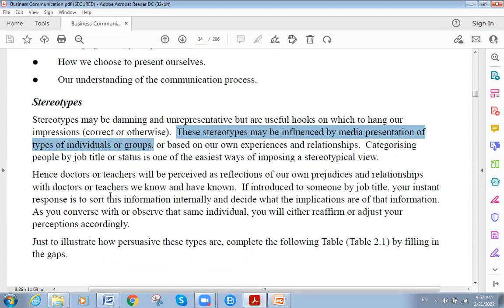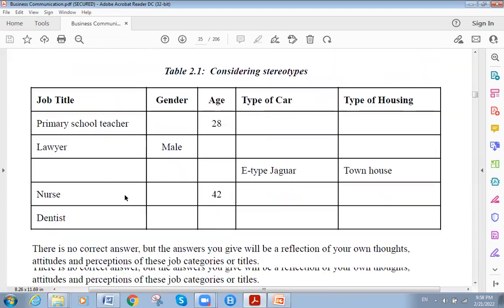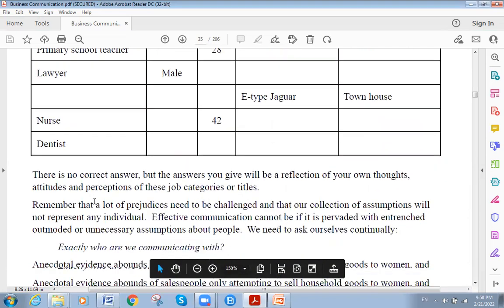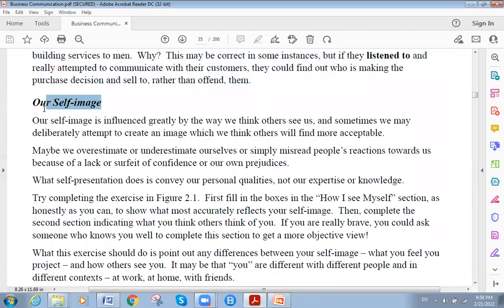Sometimes the media will create this, like Islamophobia as an example, and other things that the media might segregate and make horrible, or they may be based on our experiences and relationships and so on. Hence, doctors or teachers will be perceived as reflections of these stereotypes. So that is stereotypes. The second thing is our self-image.